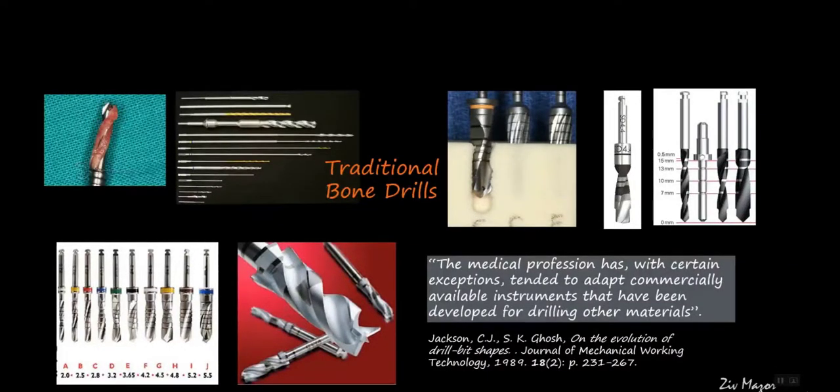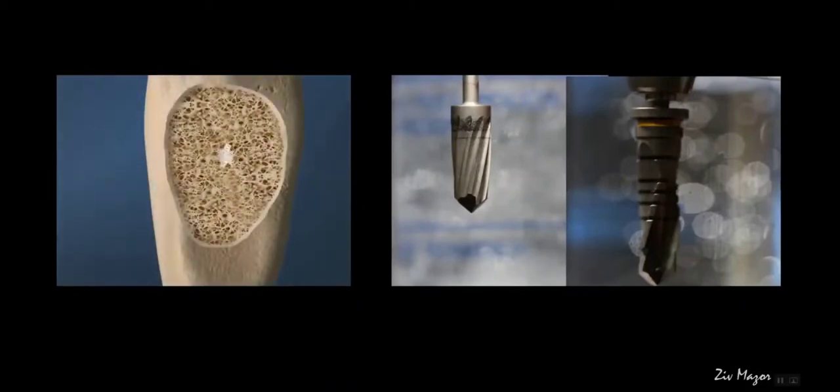Those are the traditional bone drills that we have been using over the years. Those drills were invented mostly for the metal industry and carpentry, not for drilling into bone tissue, because they extract the bone out. We would like to maintain all the bone inside.